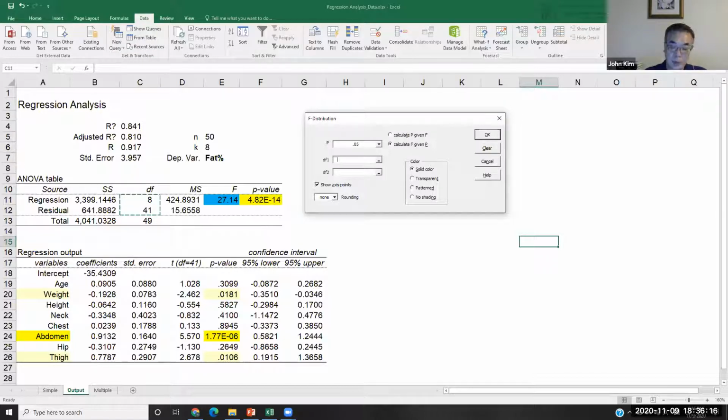So you can type just 8 for df1, or just click that cell. And then df2 is 41. So click this one, and click OK.